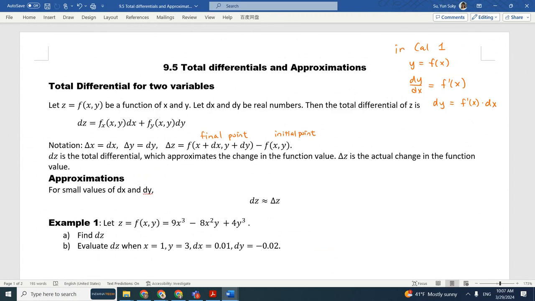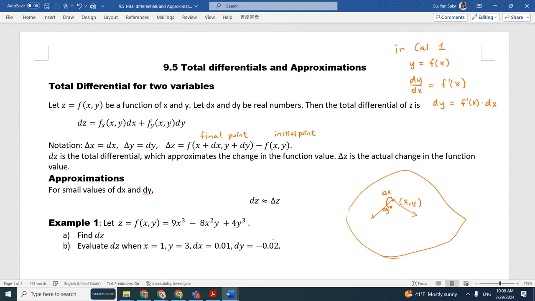So if you want to draw the picture, you have a surface like that, and let's say this is x and y, right? And let's say we have another point. This is the x direction and this is the y direction, and then let's say this is a new point, and this is the change of x, and that is the change of y.